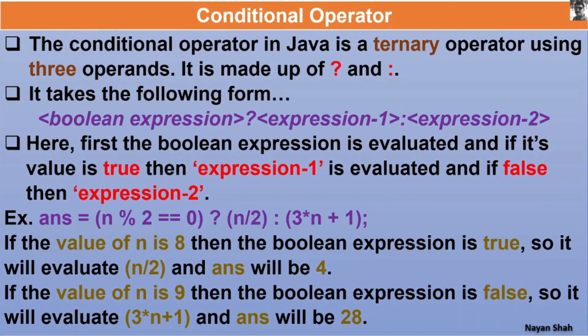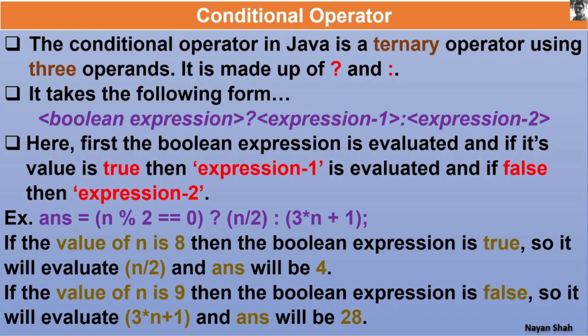Conditional operator. The conditional operator in Java is a ternary operator. Why is it called a ternary operator? Because it uses 3 operands and is made up of 2 symbols, question mark and colon. The format of the conditional operator is: we write a Boolean expression, then a question mark, then expression 1, colon, expression 2.